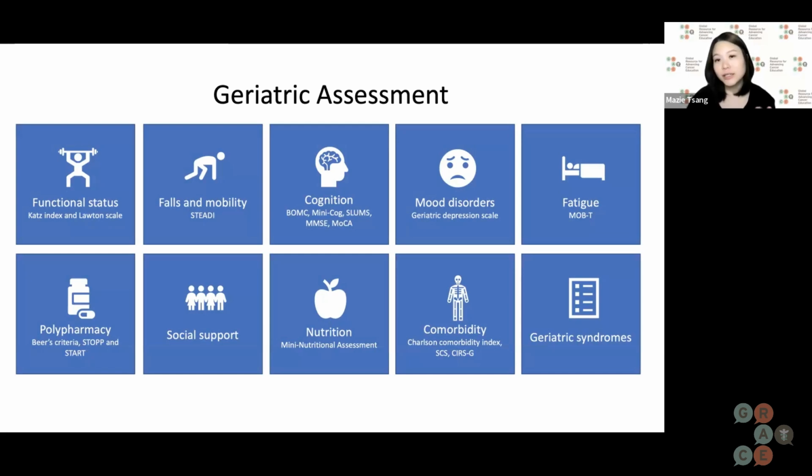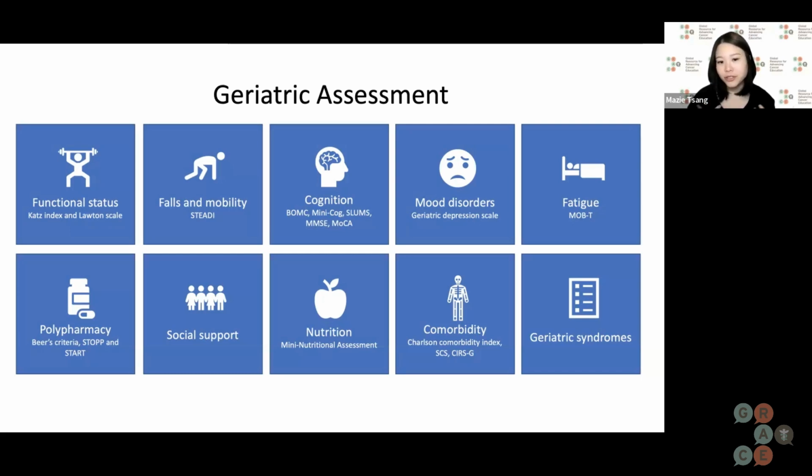But the cognition test is basically asking you to do things like remember 5 words or count backwards by sevens from 100, draw numbers on a clock and the hour and minute hands. And so you'll be going through a series of questions that are like that to assess how much you're able to recall in the short term and the long term, and how much you're able to manipulate with different puzzles.